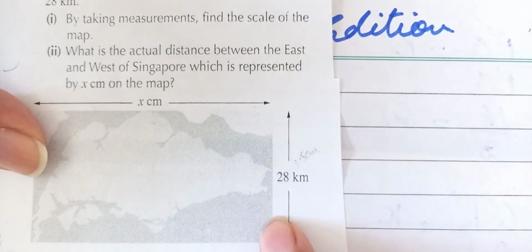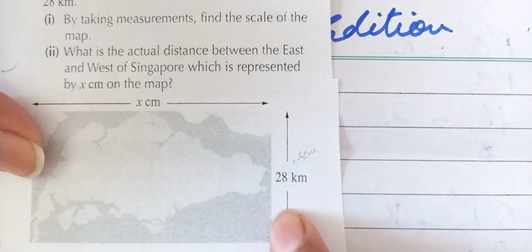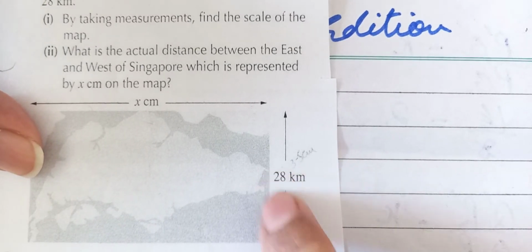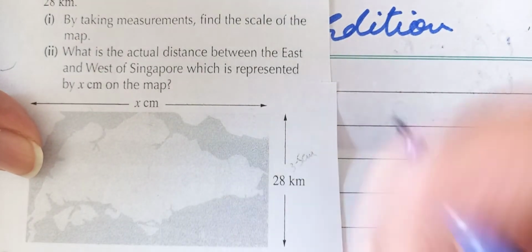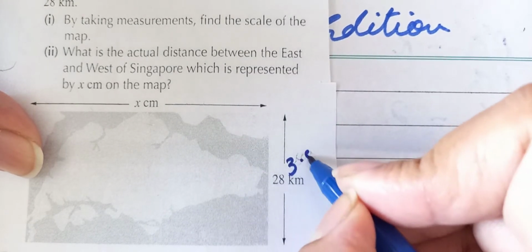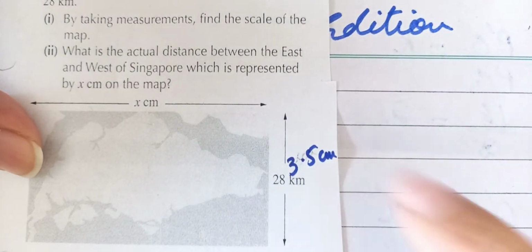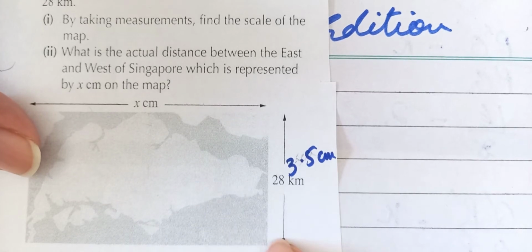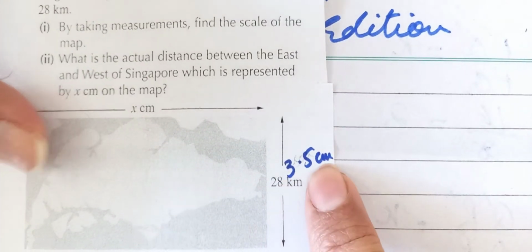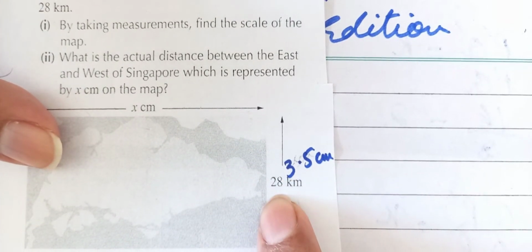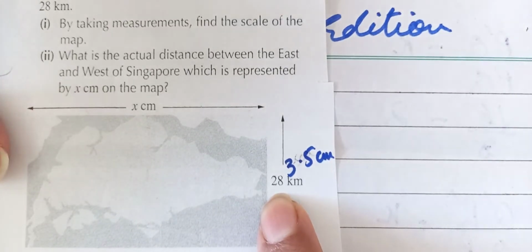When I measured this vertical width with a scale, I found out that it is 3.5 centimeter long. So I got the scale that 3.5 centimeter represents 28 kilometer.